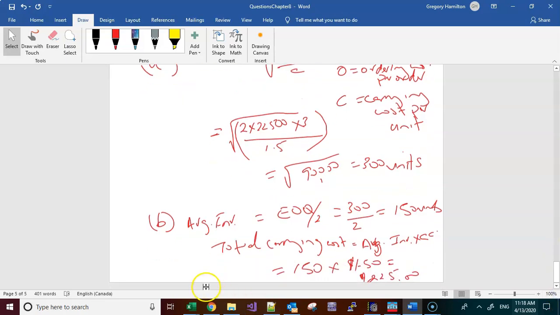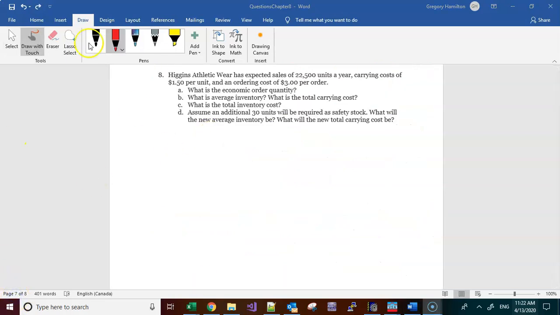I'm trying to add a page here, but I'm having a problem getting it down there. So tell you what, I am going to do C right here. Remember, A and B are below, because I'm unable to get C below. I'm just going to do C and D above A and B.